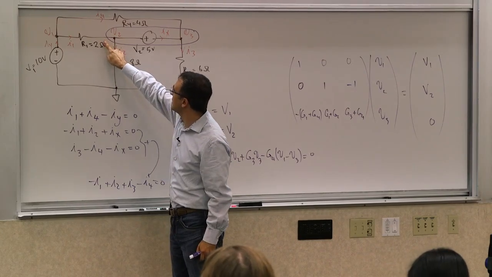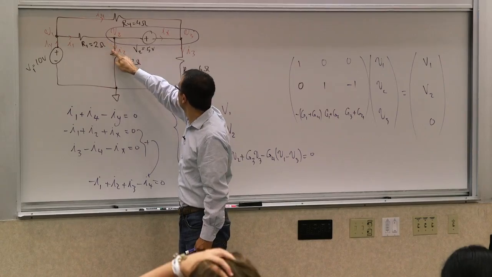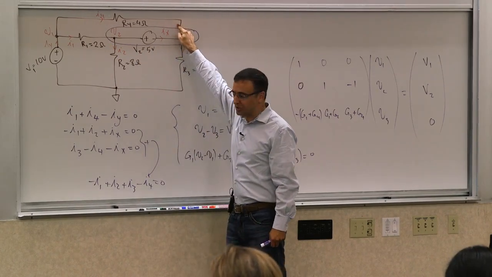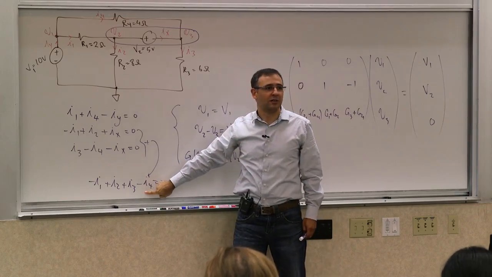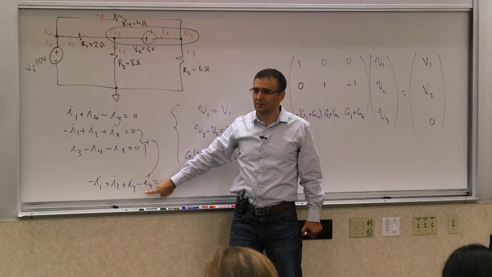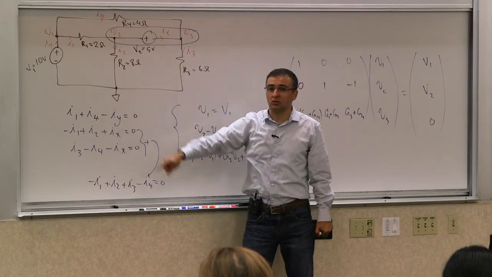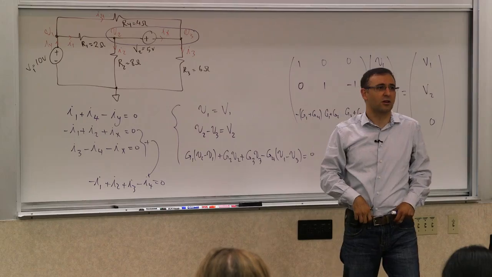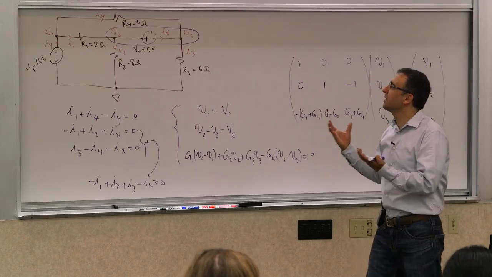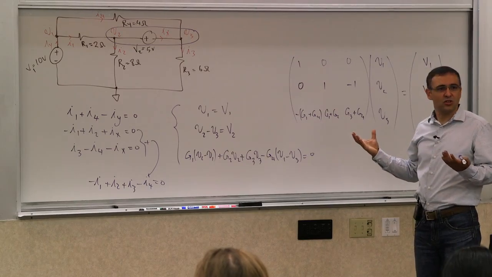It's negative I1, positive I2, positive I3, negative I4, which is exactly this equation. This equation describes the currents leaving this supernode. That's what we call a supernode. So you could have arrived at this by essentially doing that.